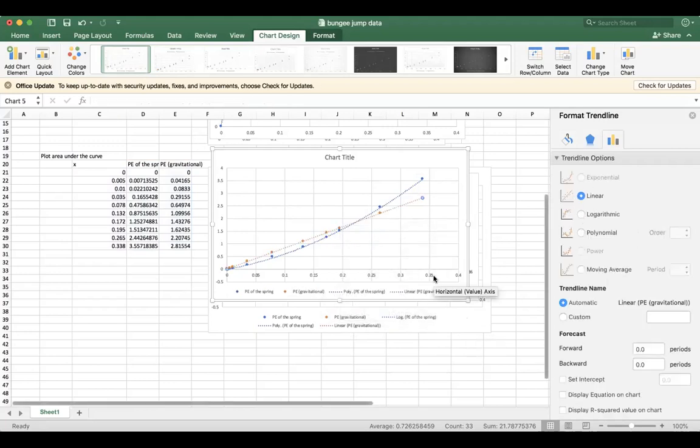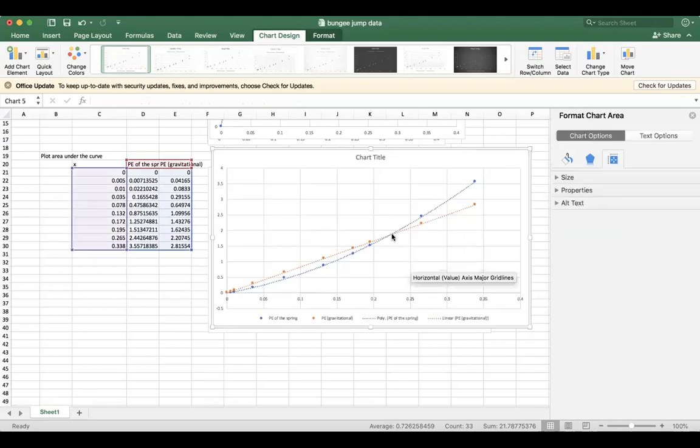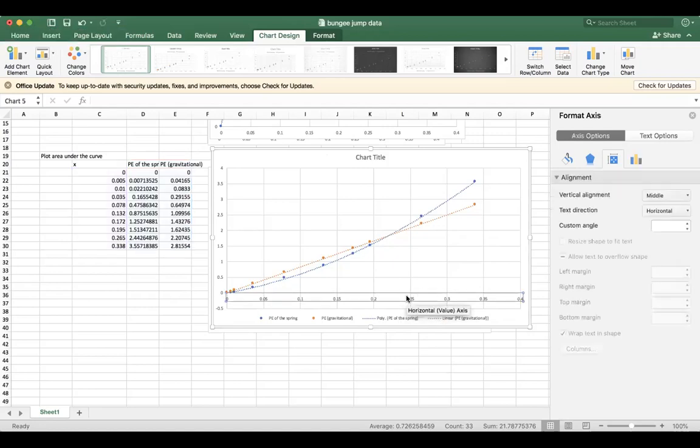So you can see that they overlap on your graph, right here, and record exactly where they overlap. They overlap on the x-axis somewhere between 0.2 and 0.25, looks like halfway.